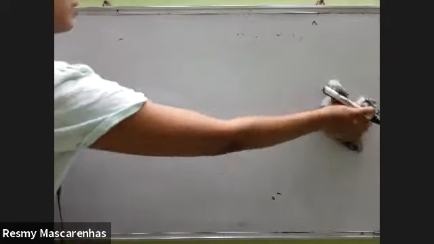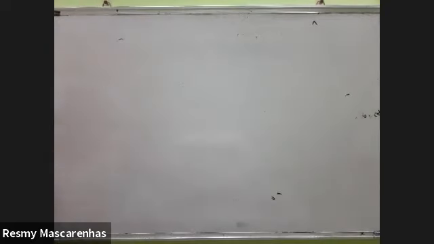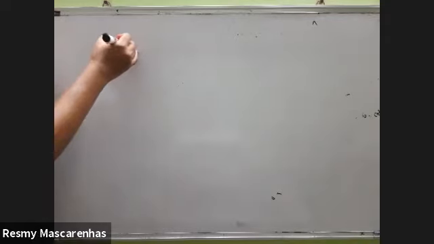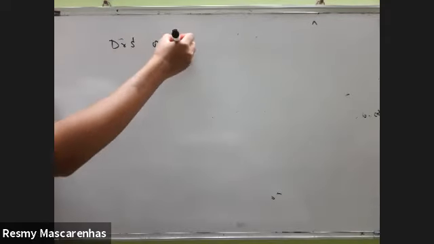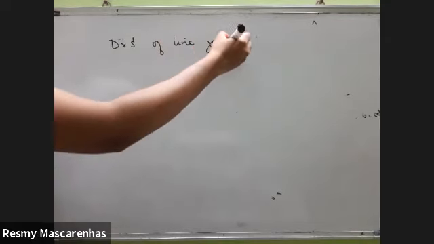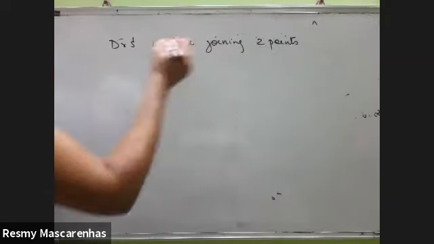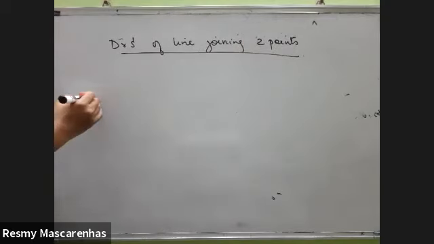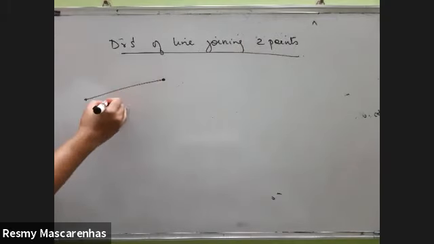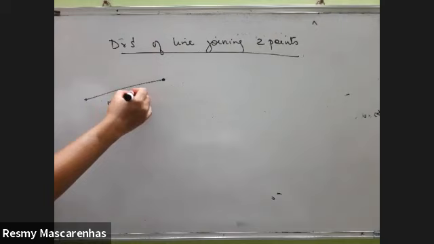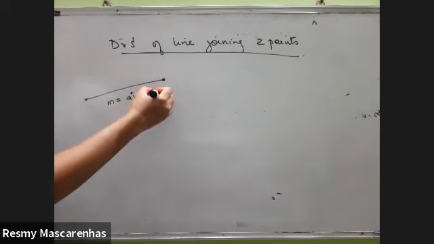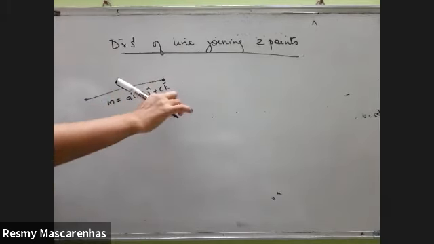Now next, suppose the vector is not given and points are given. Direction ratios of a line joining two points. There's a difference. What we did before was when the vector was given to you straight away.